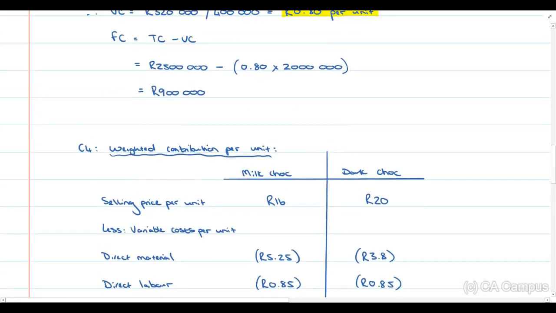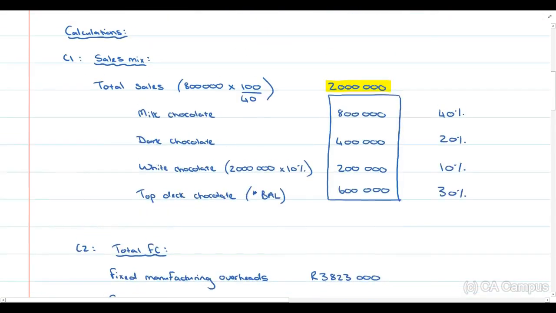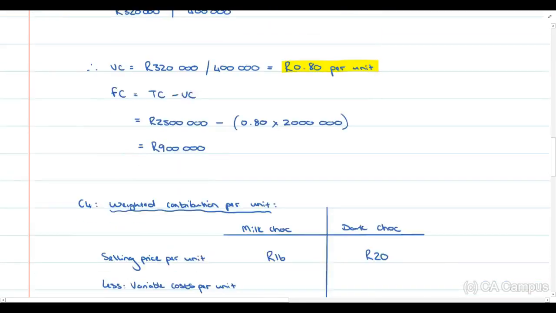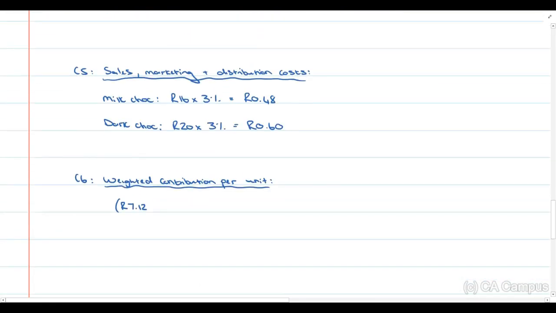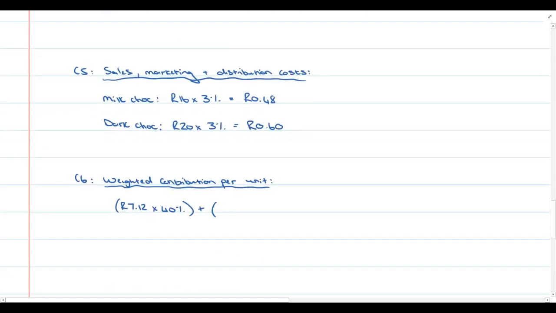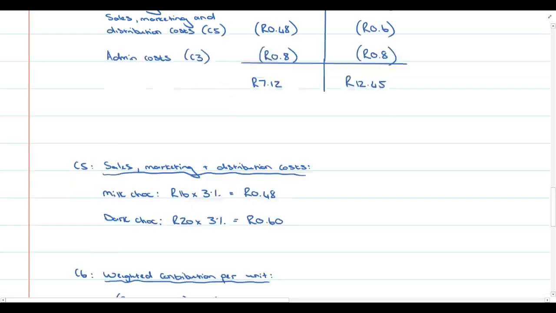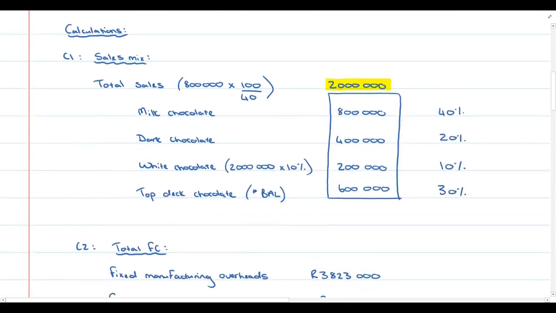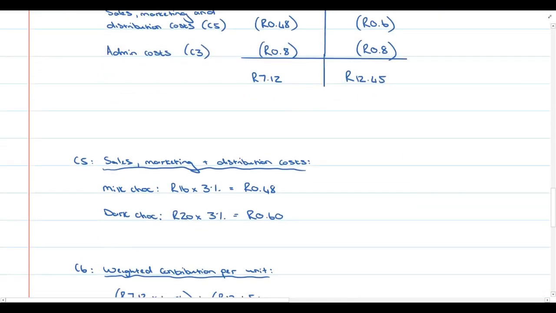And if we go back to the sales mix calculation, 40% of total sales will be milk chocolate. So we need to multiply that by 40%. Then for dark chocolate, the contribution per unit is R12.45. And we need to multiply that by 20%.